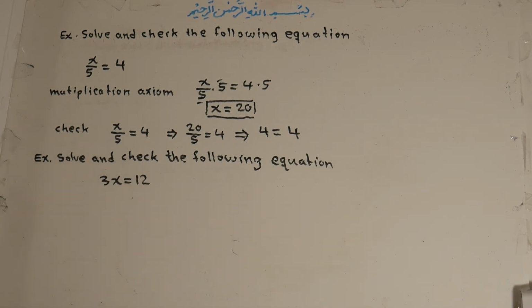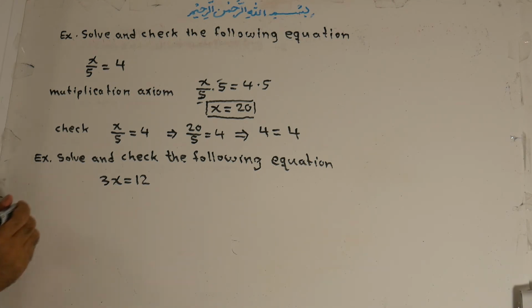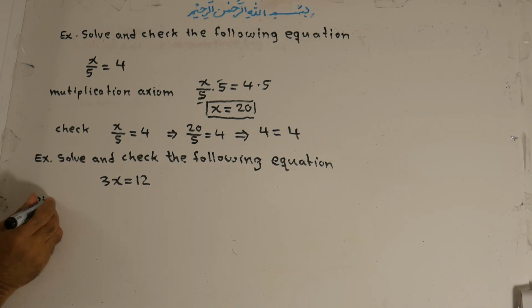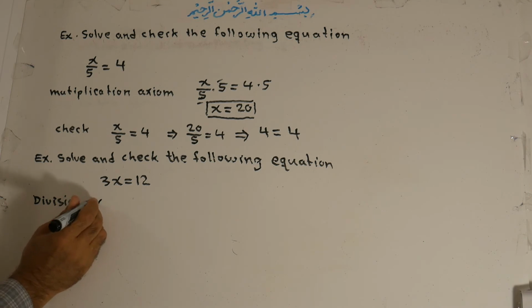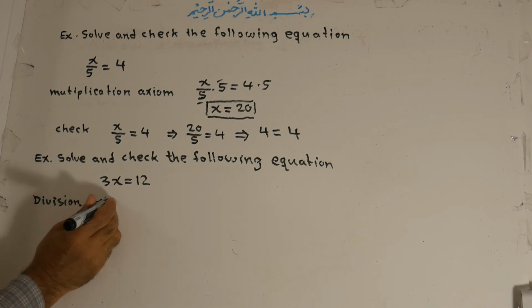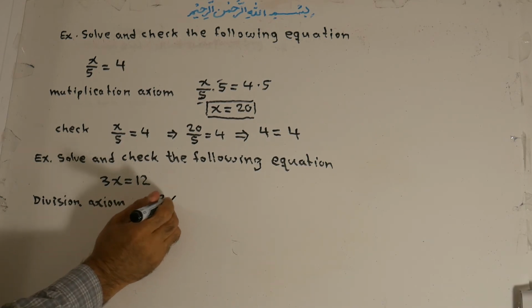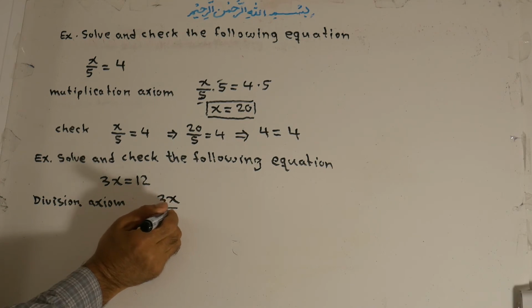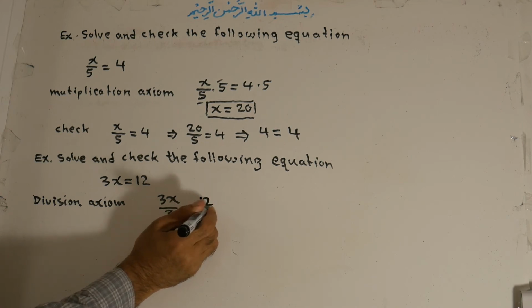We want to remove the 3 from here. We should divide both sides by the same number according to the division axiom. 3x divided by 3 is equal to 12 divided by 3.